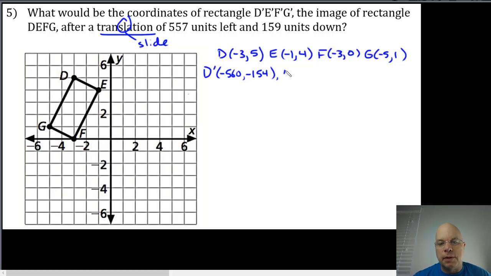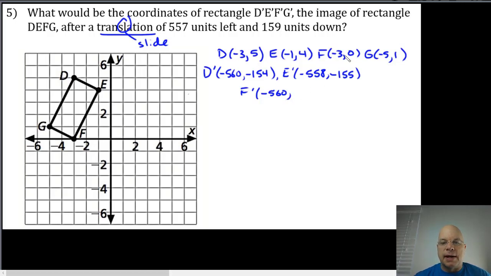E prime, I need to do negative 1 minus 557, which is negative 558. And I need to subtract 159 from 4, which would be negative 155. F prime, I have negative 3 minus 557 is negative 560 for x.